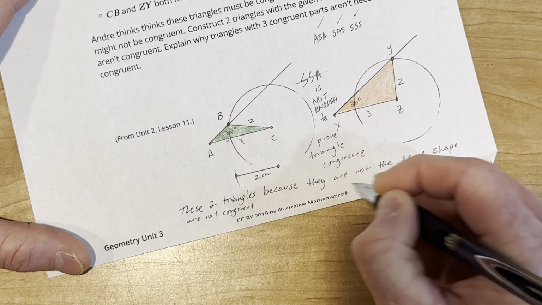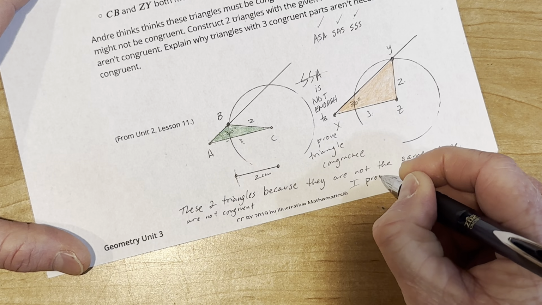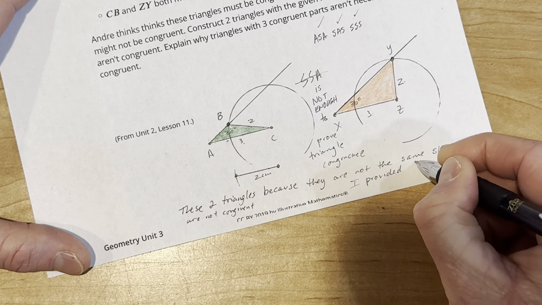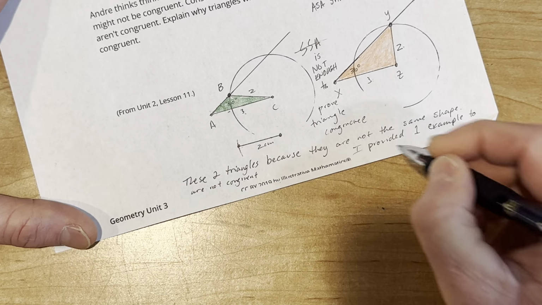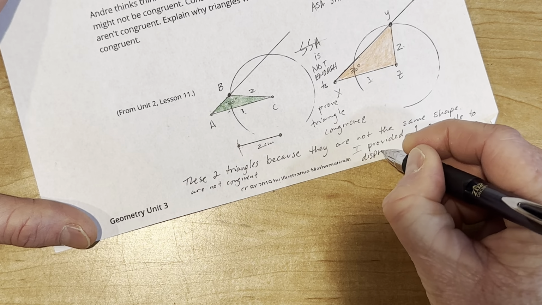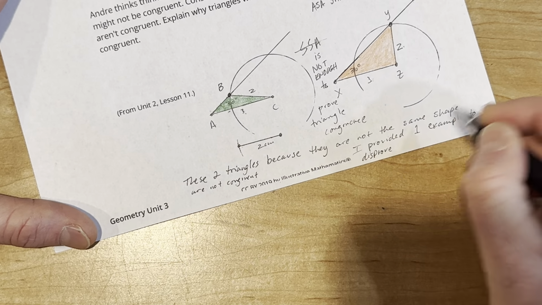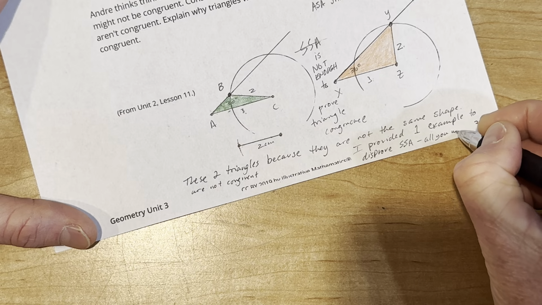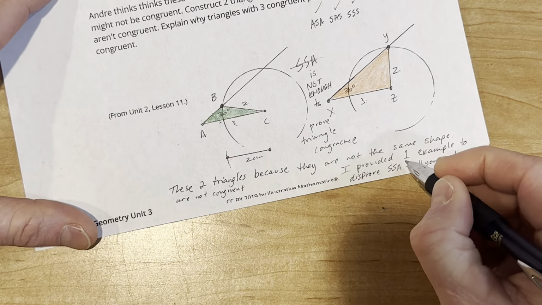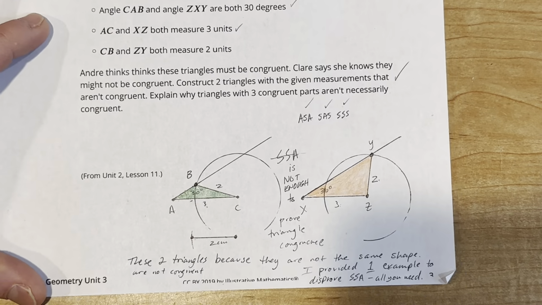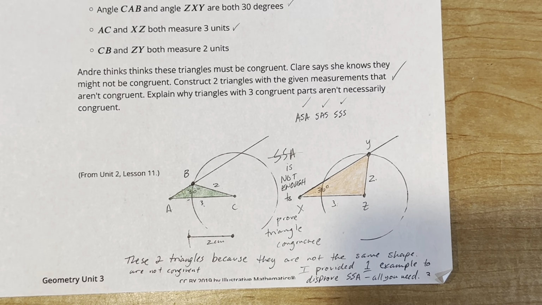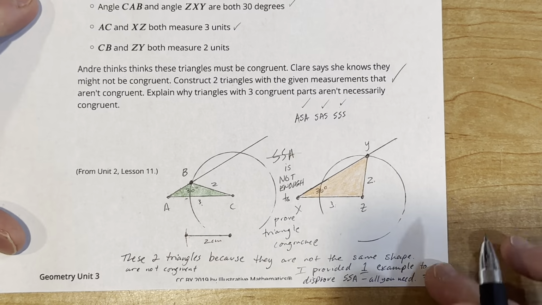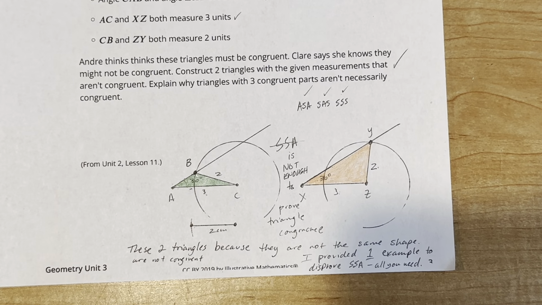And I provided only one example to disprove side-side angle, and that's all you need. All you need is one example to disprove something. So these two triangles are not congruent because they're not the same shape. And I just provided an example to disprove it.